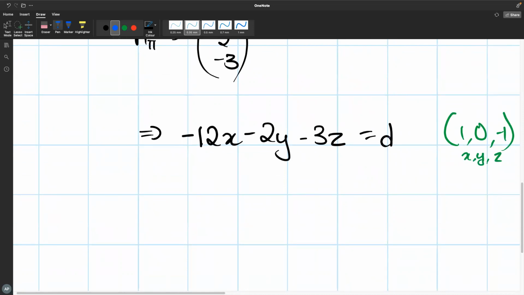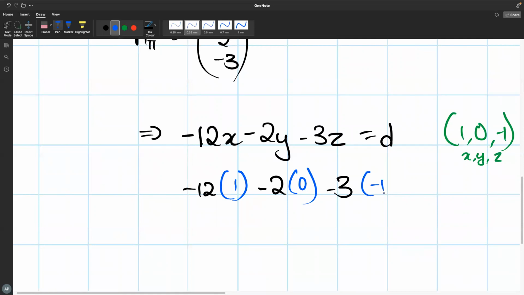So we can now plug these back into our equation. We have minus 12 times 1, minus 2 times 0, and minus 3 times minus 1 is equal to d.